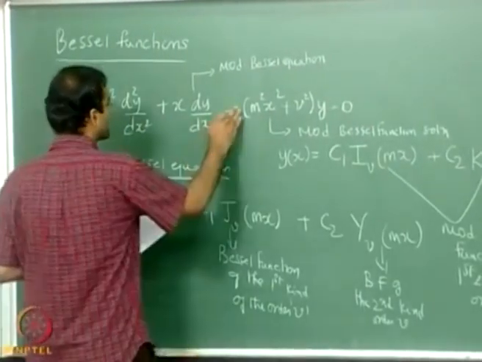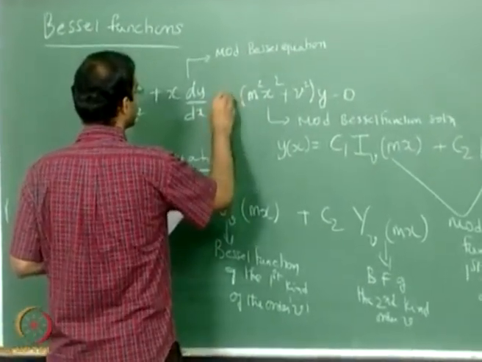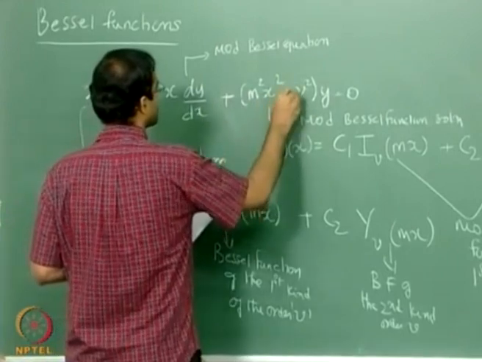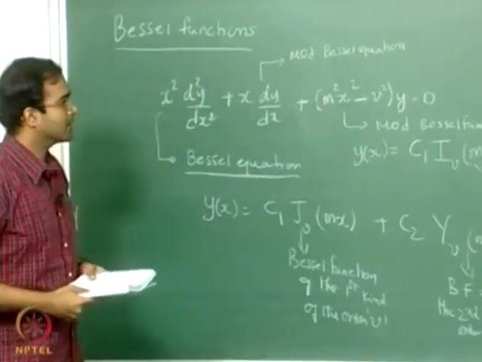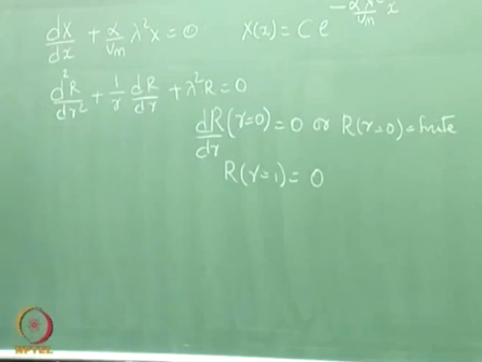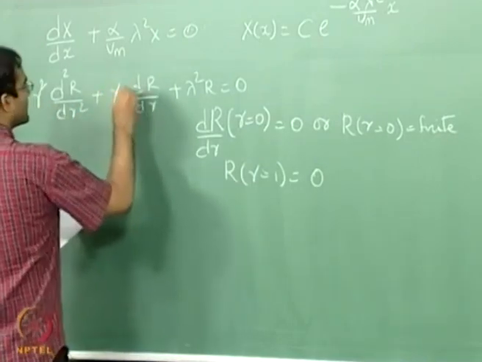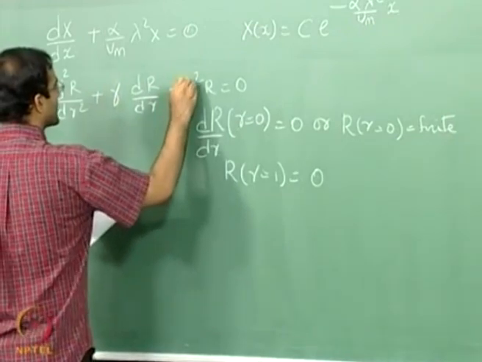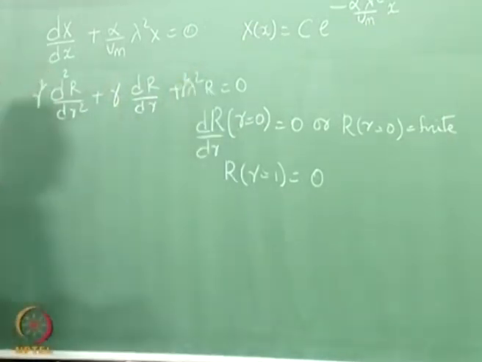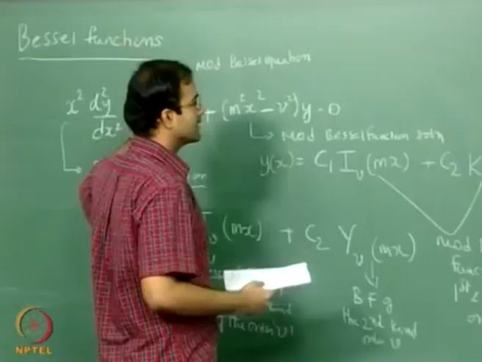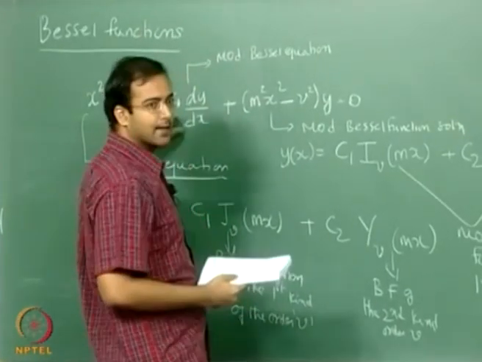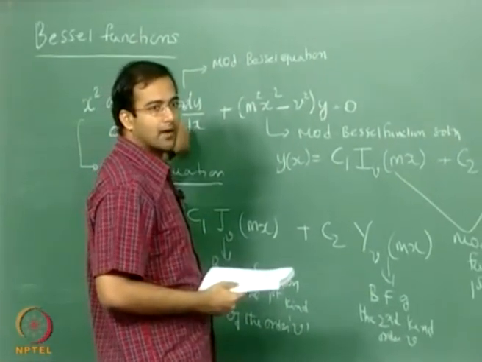So the original Bessel equation, not the modified one, you multiply throughout by R square, so you have R here, and here you have again R square. So now you see these coefficients are exactly identical, instead of x you have r.